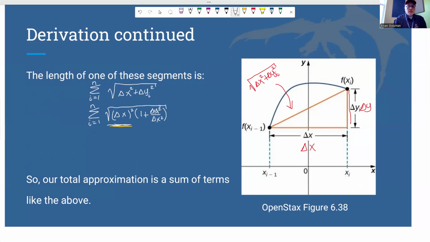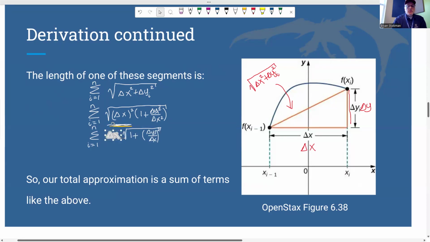So I'm going to get the sum from i equals 1 to n of delta x times the square root of 1 plus delta y sub i over delta x, squared. I'm going to take this delta x and move it to the right side.